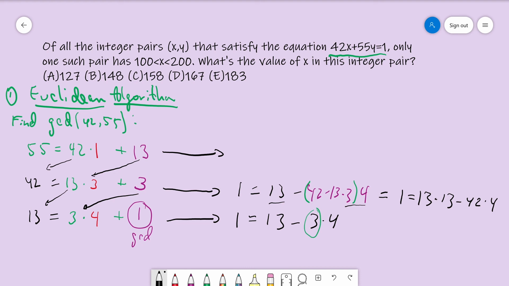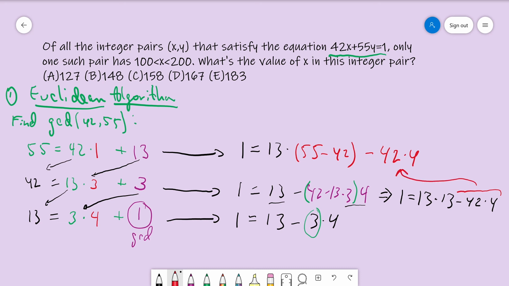So I'm going to continue. 1 is equal to 13 times, let's use a different color, 55 minus 42, and then all of this minus 42 times 4. That's from over here.